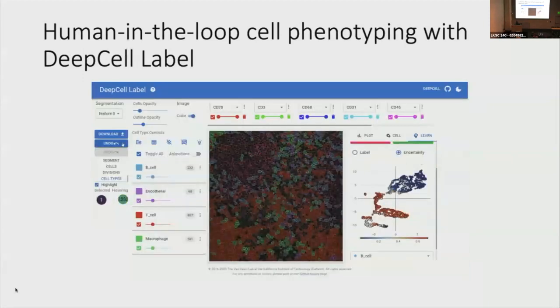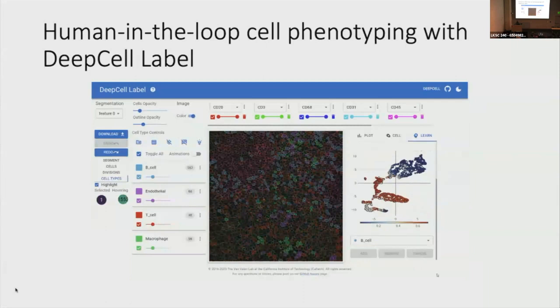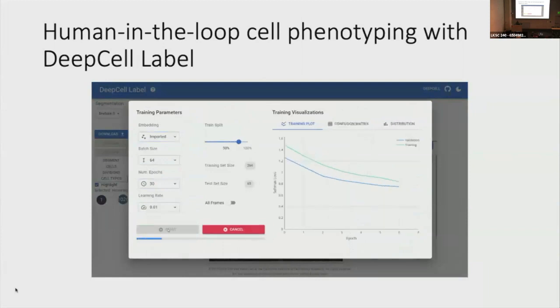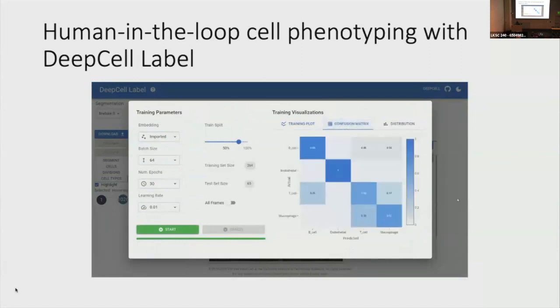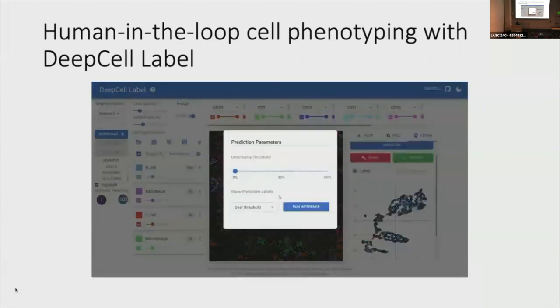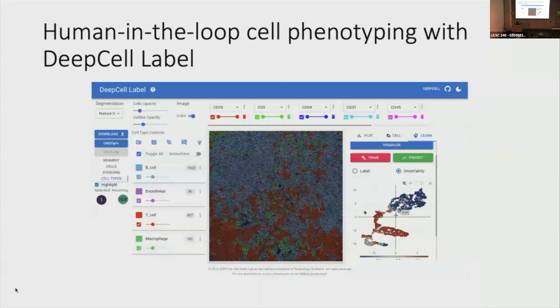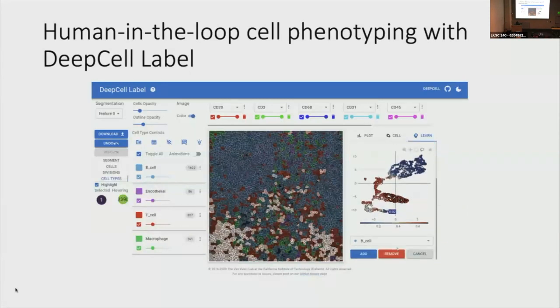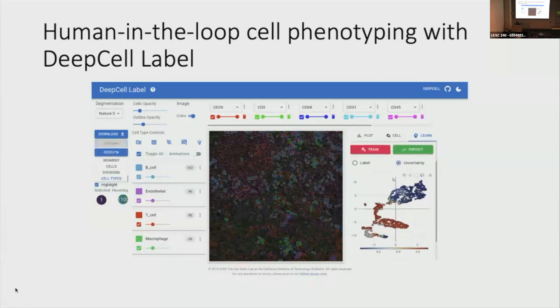We've made it possible to train lightweight classifiers within the browser that leverage the embeddings you get out of this hybrid convolutional neural network and vision model, with a lightweight classifier on top. It's an iterative process: label some landmark cells, train an uncertainty aware classifier, and then run that on a larger subset of the cells.